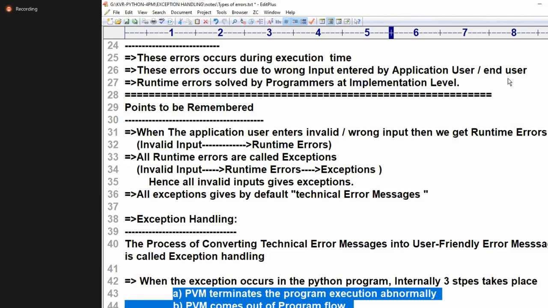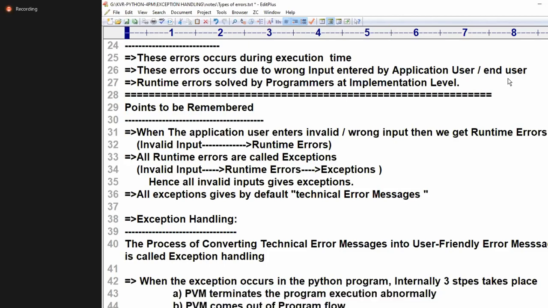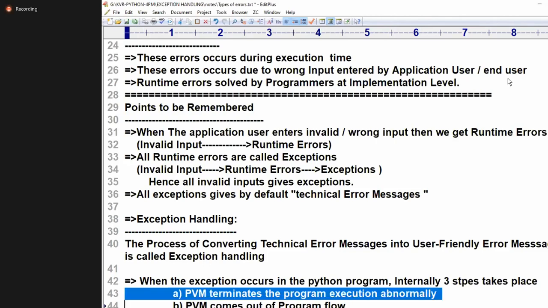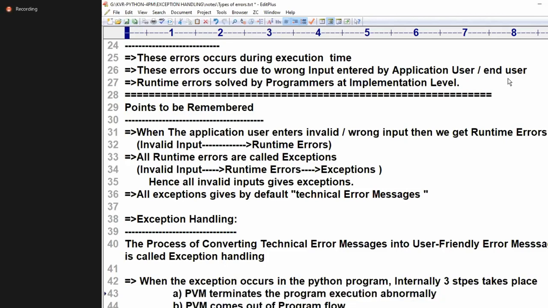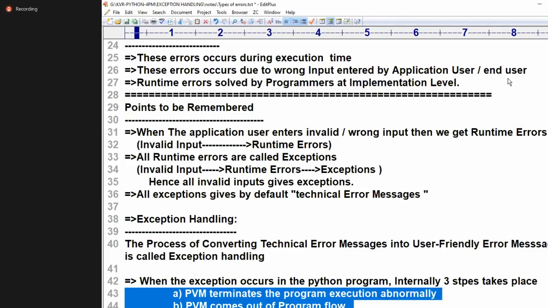To terminate the program execution, to make the PVM come out of it, and by default make PVM generate the system error message, to do these A, B, C steps, internally PVM will create one object. This is one of the most important things.